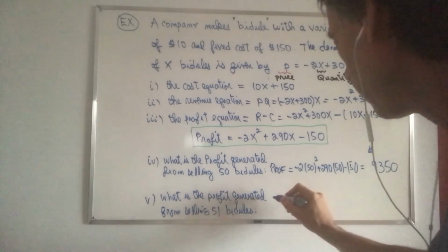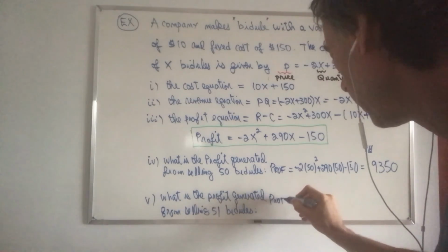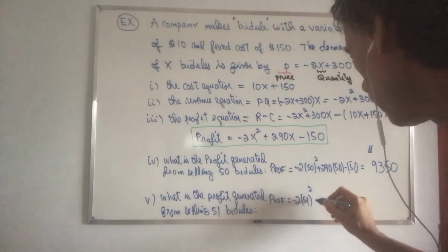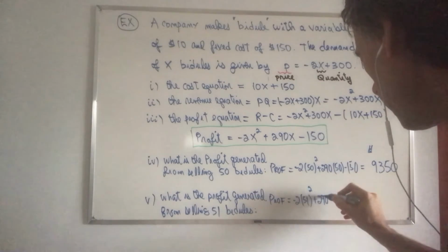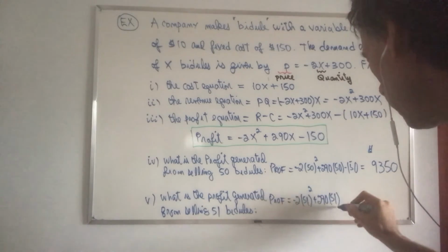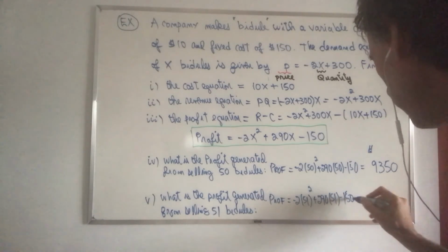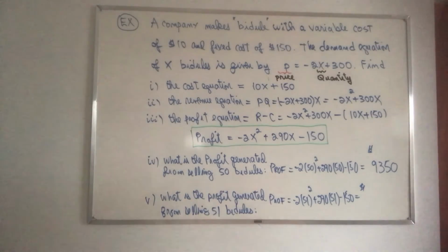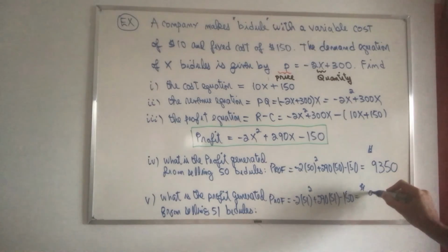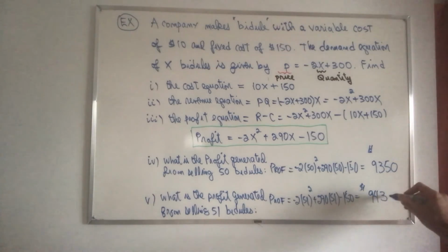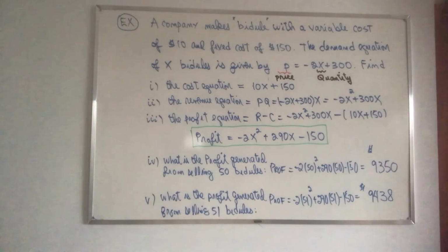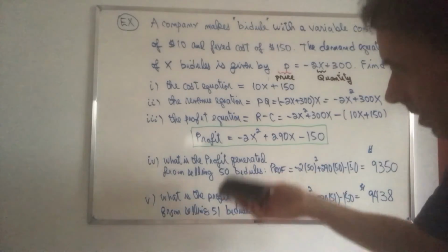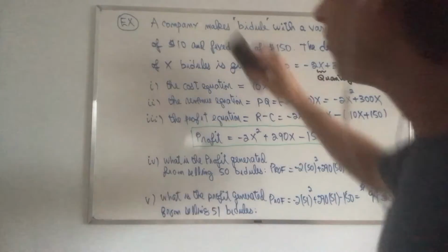Well, now x is 51, so profit is minus 2 times 51 squared plus 290 times 51 minus the fixed 150. Now if you calculate that, you're going to get 9,438. So interesting. You can see me coming here. So the difference between 50 and 51.